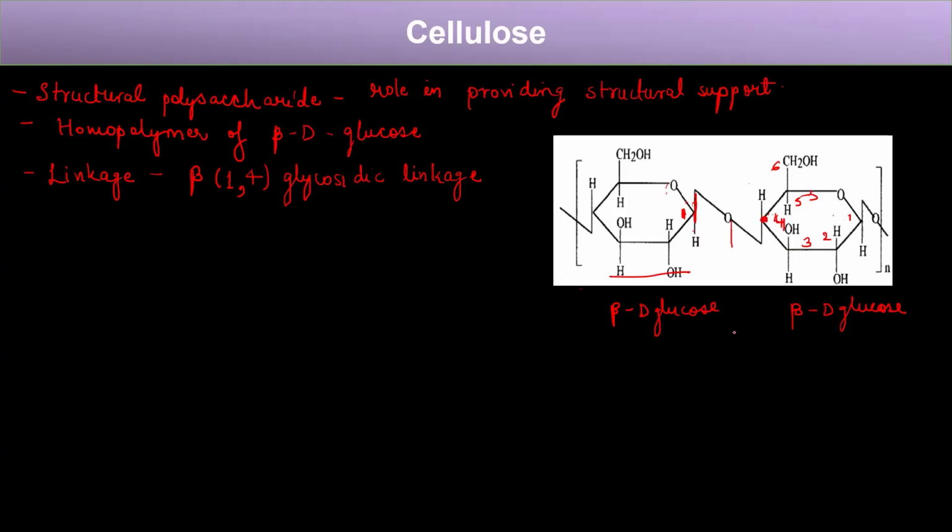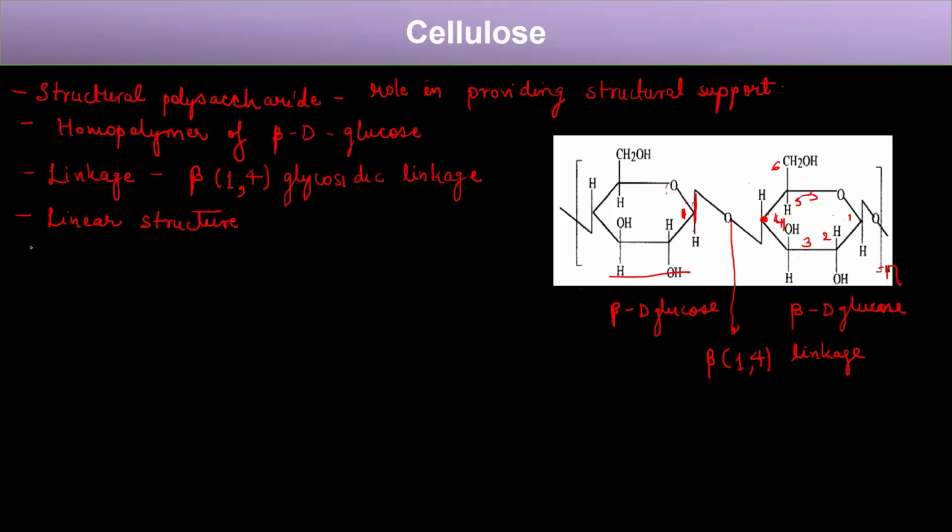So this is a beta 1,4 linkage. Here the n represents that there are multiple beta D glucose units linked in a similar pattern. This is how a cellulose structure looks. Cellulose is linear, while starch and glycogen were branched.